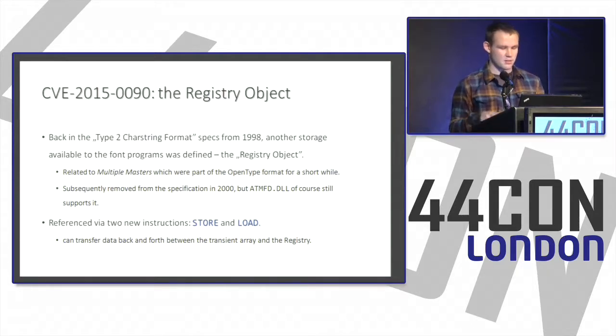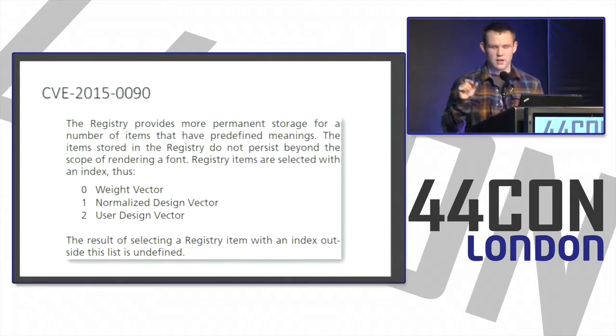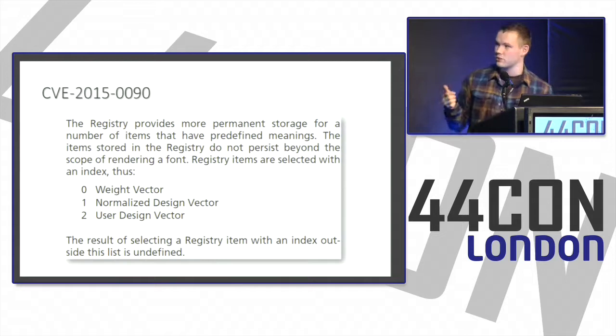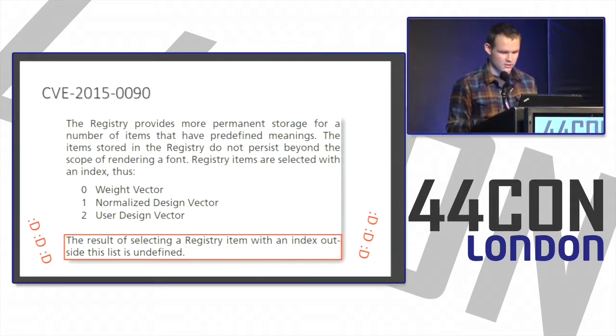So the two instructions related to this are store and load, and they can transfer data between the transient array and another storage object called the registry object, which is indexed using a value and can be either 0, 1, or 2. And this is the best part of this specification. It says that trying to address using an index other than 0, 1, or 2 is undefined.